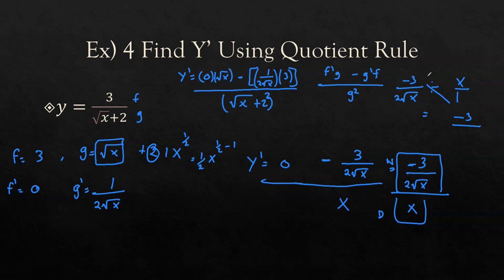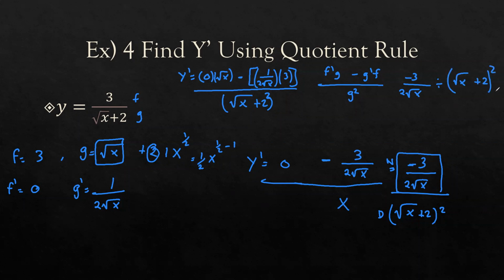So right here, I'll erase. Your denominator is actually going to be radical x plus 2 squared. So let's do this again. Let me erase this. On the top, it's negative 3 over 2 radical x divided by parentheses radical x plus 2 squared over 1. Then I'm going to cross multiply.